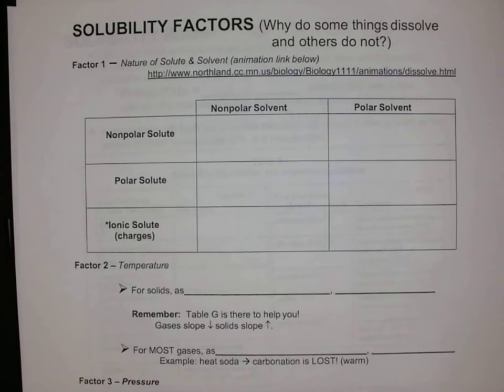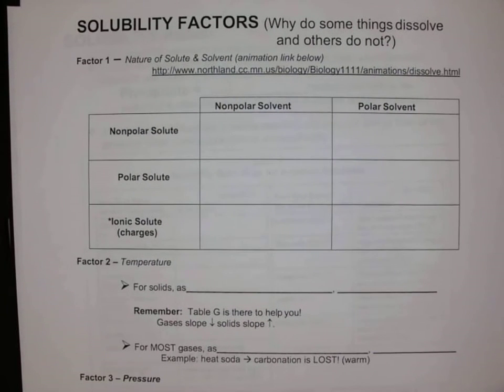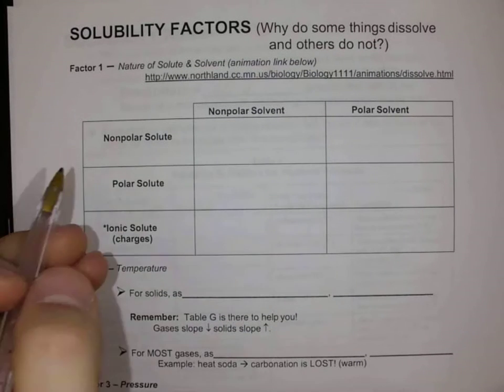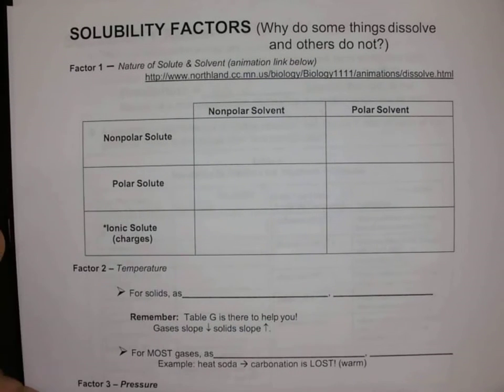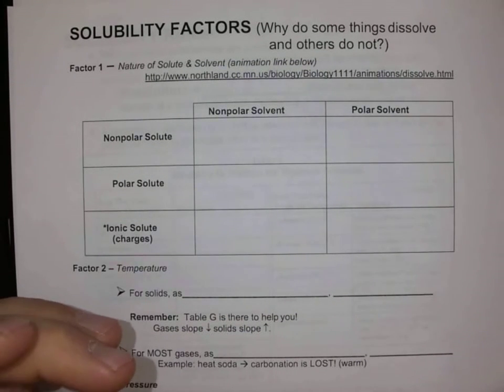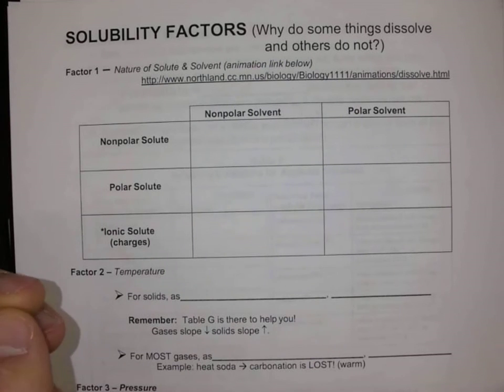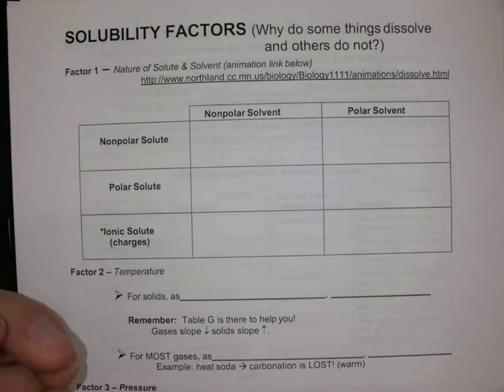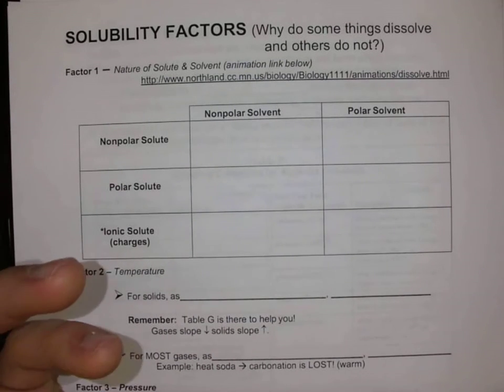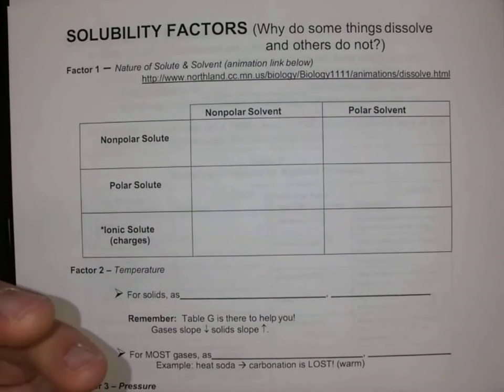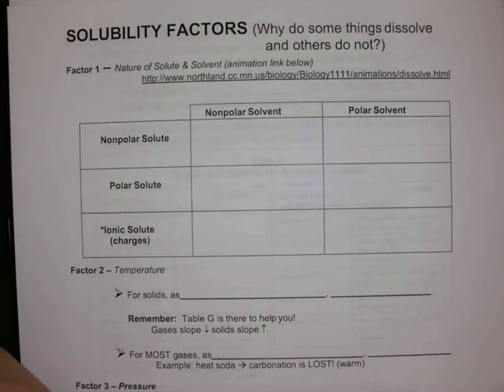If we remember back earlier in the year, maybe like November, December-ish, we talked about nonpolar versus polar pieces. This was when we were talking about our compounds, the bonds, and those intermolecular forces. The intermolecular forces are really going to help decide whether our molecules are going to be soluble or insoluble.